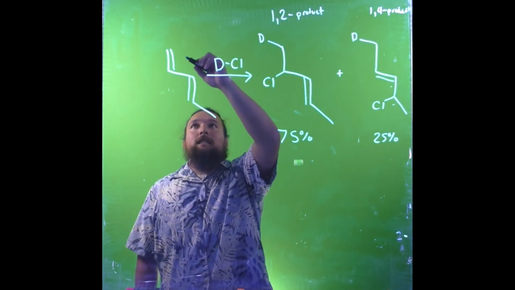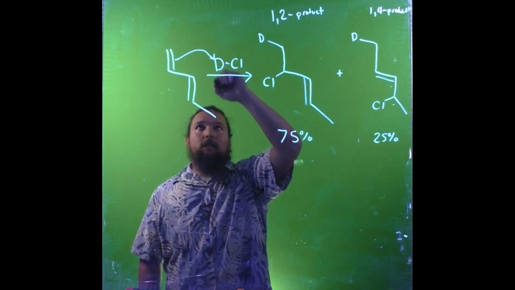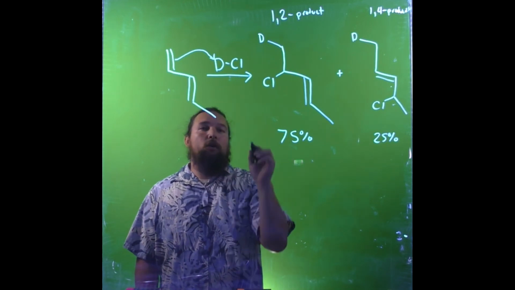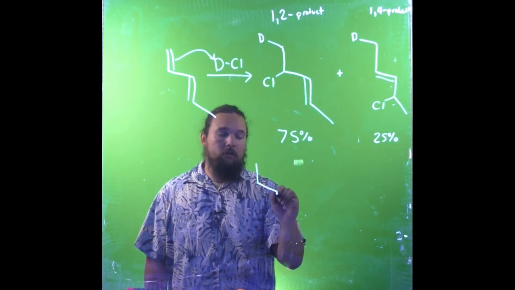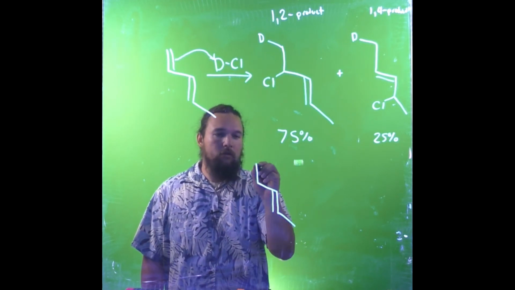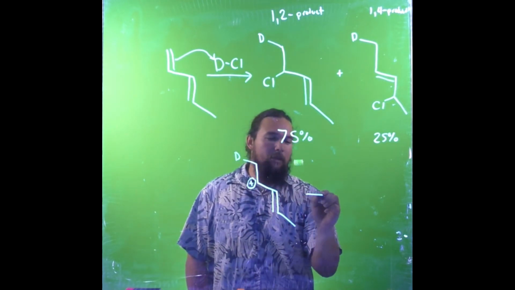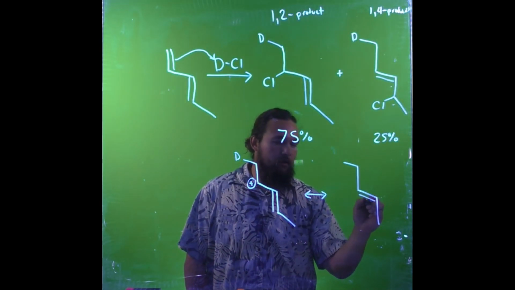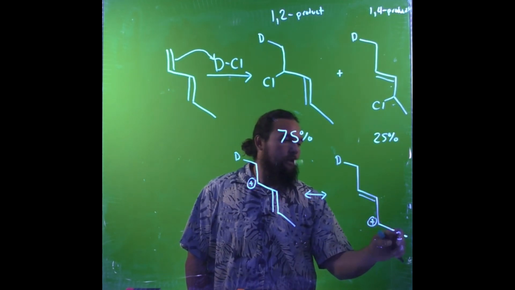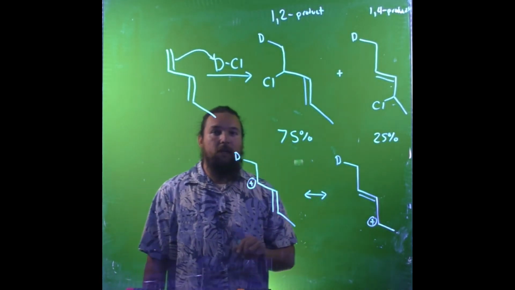In this case, they saw that this pi bond was the one that attacks here, and what you end up getting is this intermediate, which can be resonance stabilized with this intermediate right here. Take a second to look at that. Do you have any idea how this differs from the other experiment?